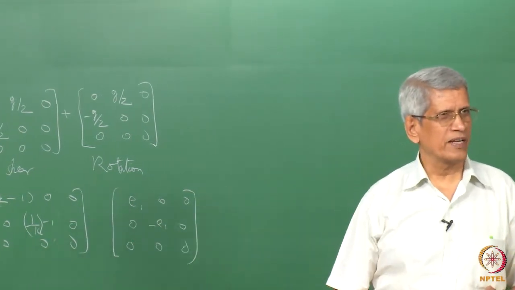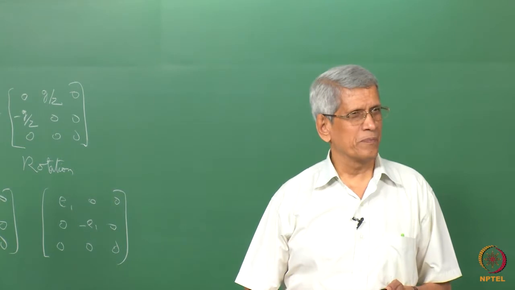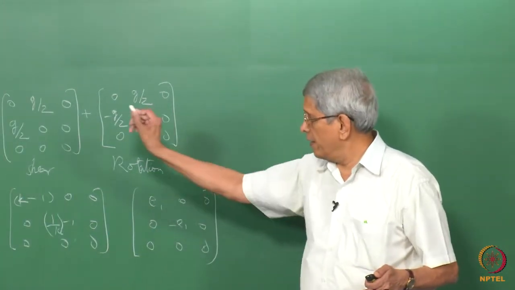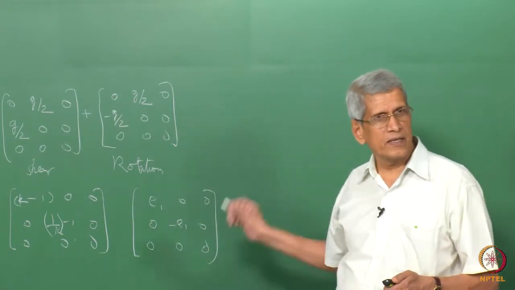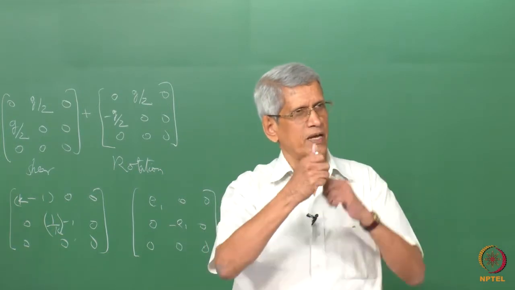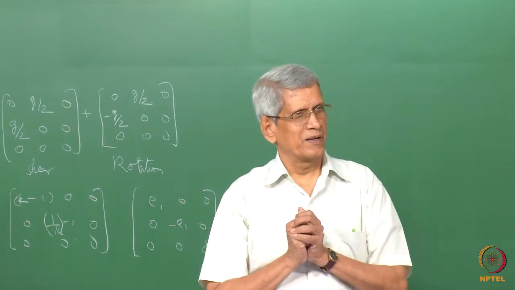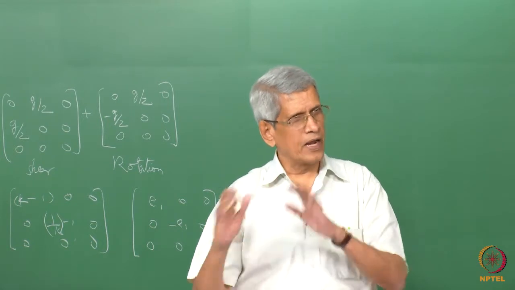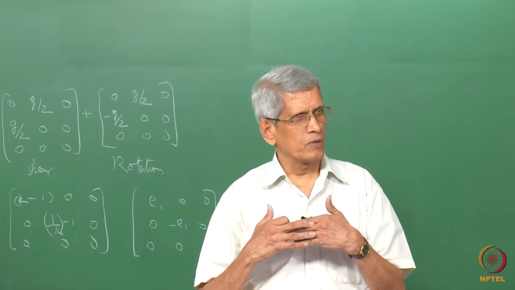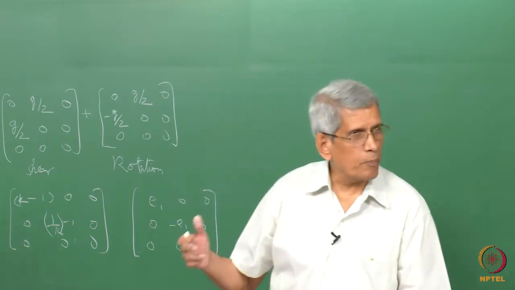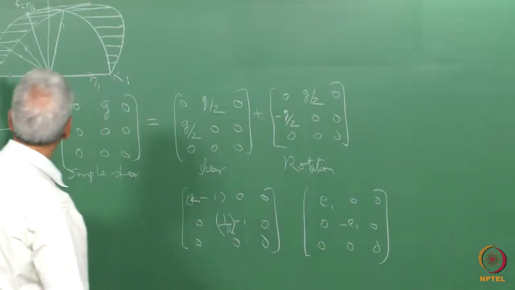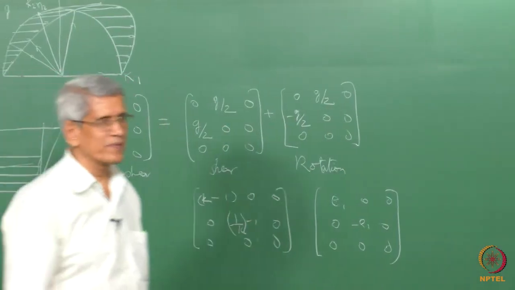So in this form we can write it. So essentially a simple shear is equivalent to considering a tension in one direction and compression in another direction, along principal strain directions. And then if we give an appropriate rotation corresponding to this one, we can bring it back to this original shape, correct?